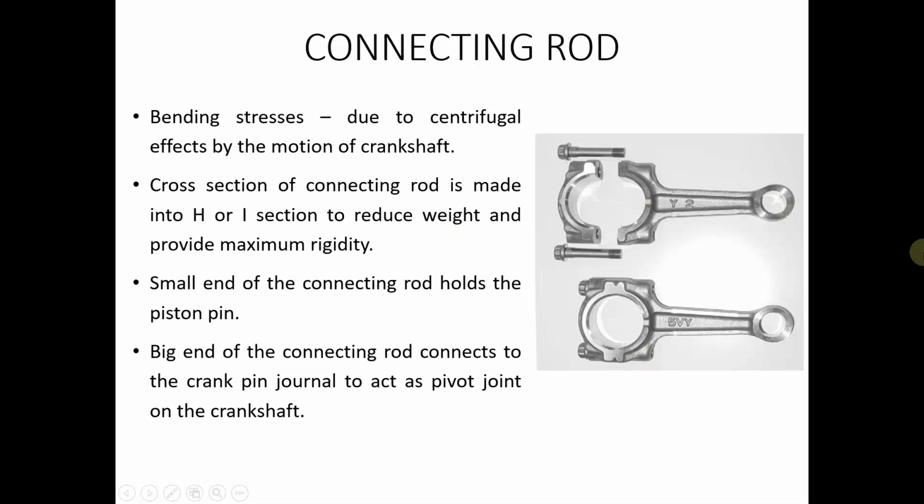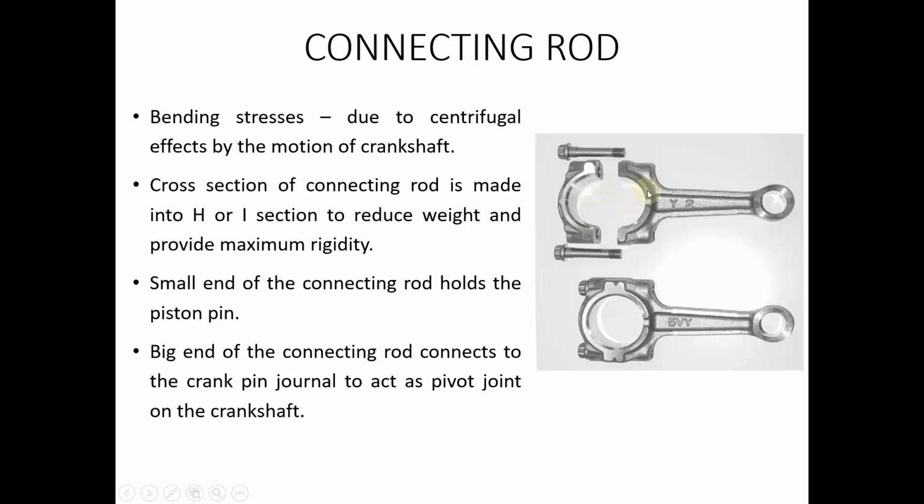And the bending stresses act on the connecting rod due to the centrifugal effects of the motion of the crankshaft. So the motion of the piston causes a force on the smaller end, and the rotational motion of the crankshaft causes a bending stress at the bigger end.